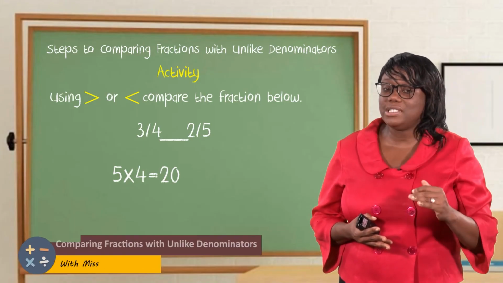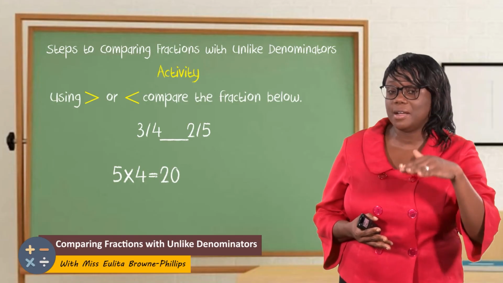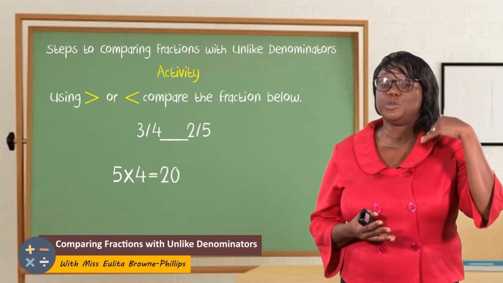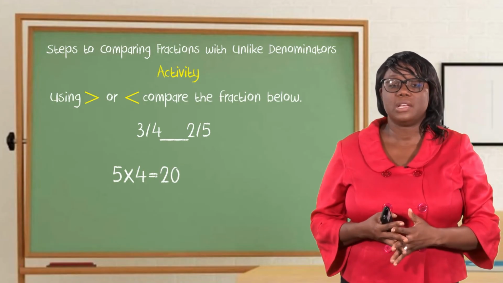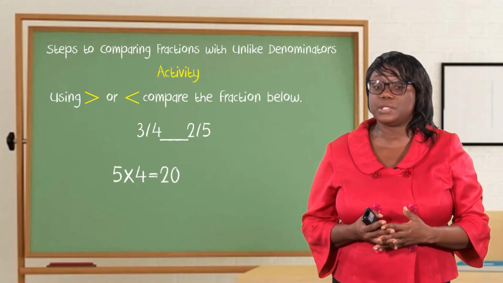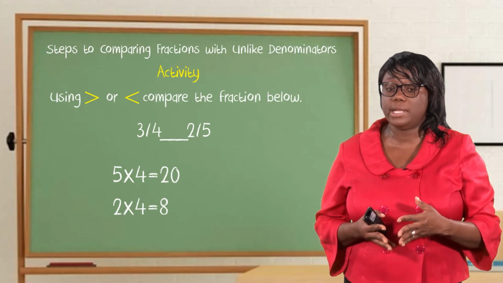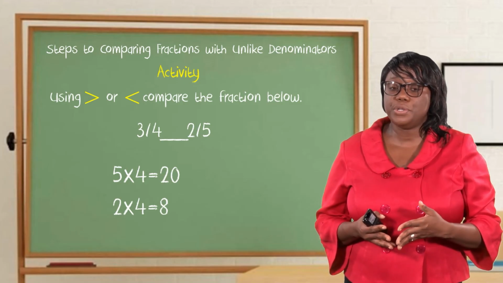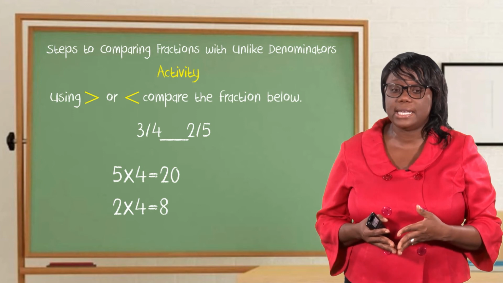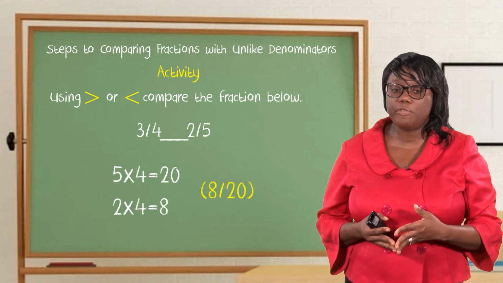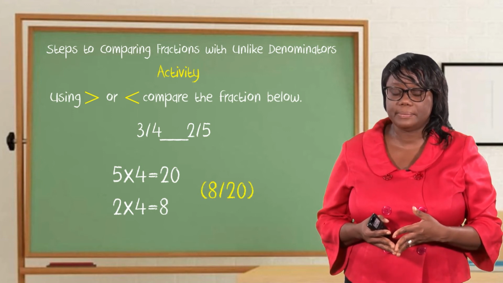And we know the rule says that what we do at the bottom, we must also do at the top. So the numerator is 2. So when we multiply 2 by 4, we will get 8. So the new fraction is 8 over 20.